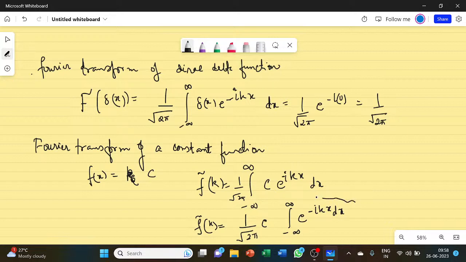What is this? Just remember, a few minutes before we have written it in the form of the Dirac delta function. So this is delta of minus x. Whether you write delta of minus x or delta of x, they are one and the same thing.